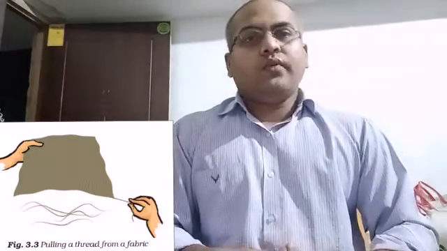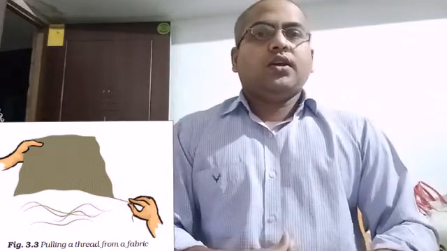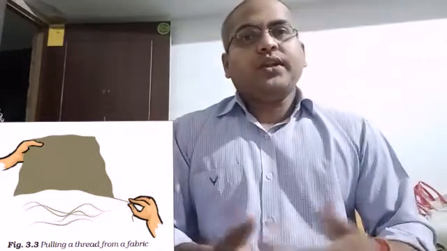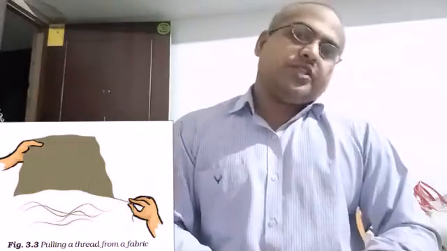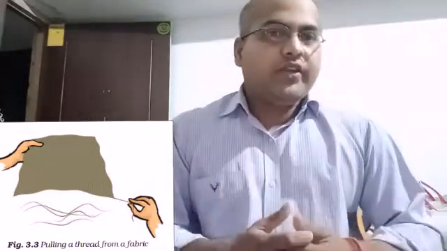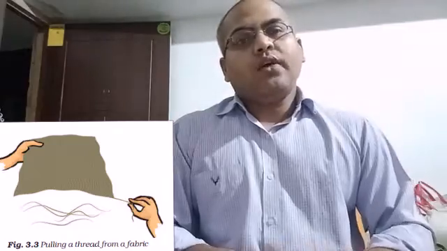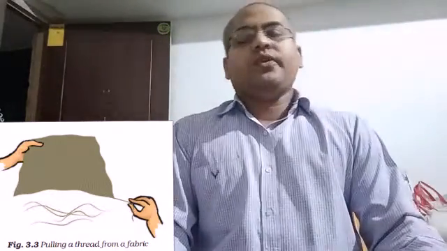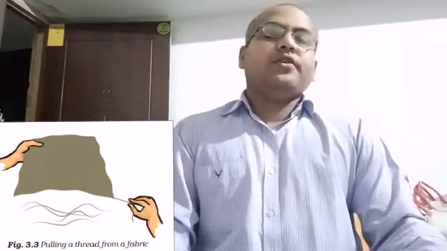Next comes the weaving process. Here two yarns are woven together with the help of a machine. This is called weaving, and after this process we get the fabric, and from the fabric we get different types of clothes.